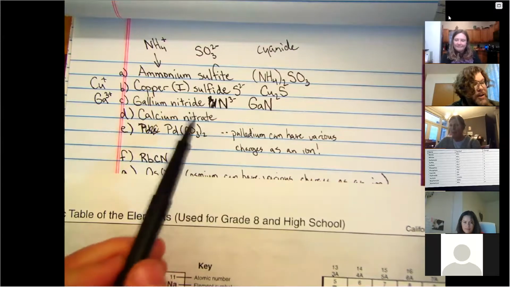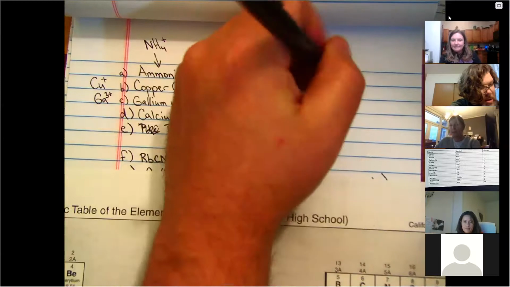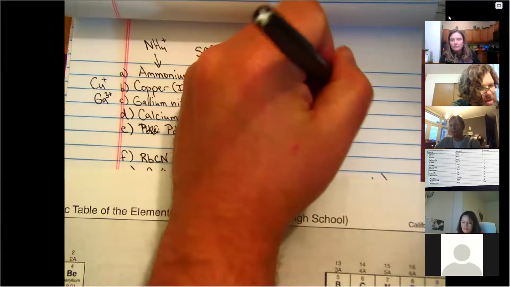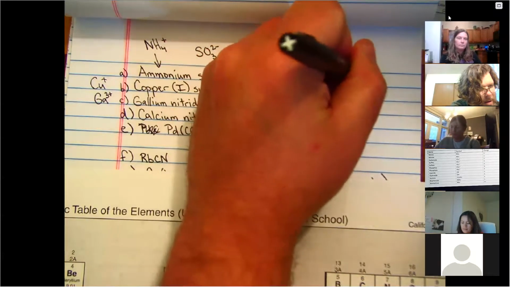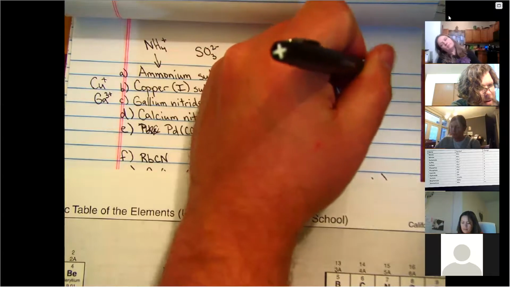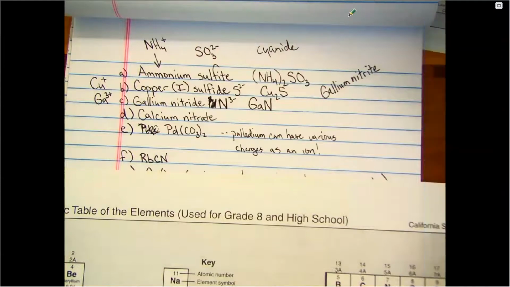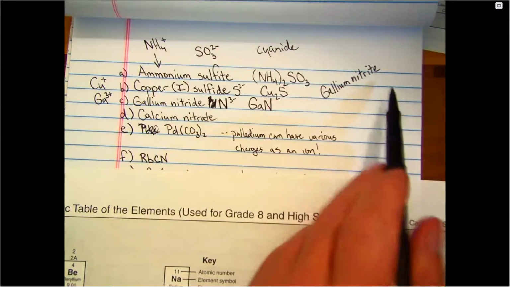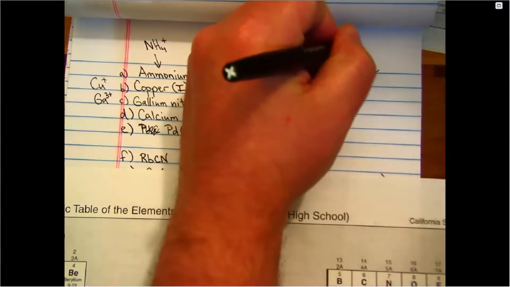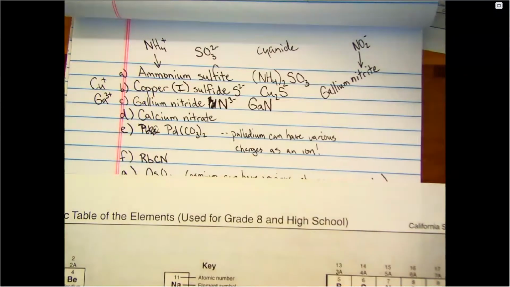Note that a 1-letter change. What if I had asked you to give me the formula for gallium nitrite instead of gallium nitride? That's a big difference. That 1 letter means now we're talking about nitrite, the polyatomic ion that's NO2-.